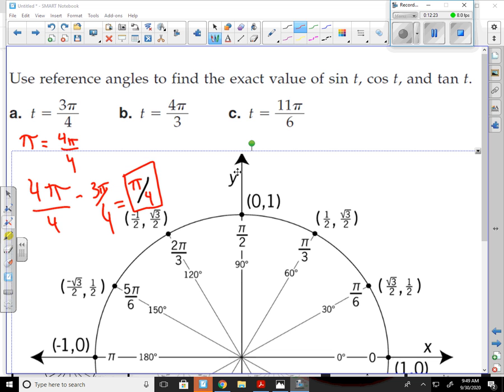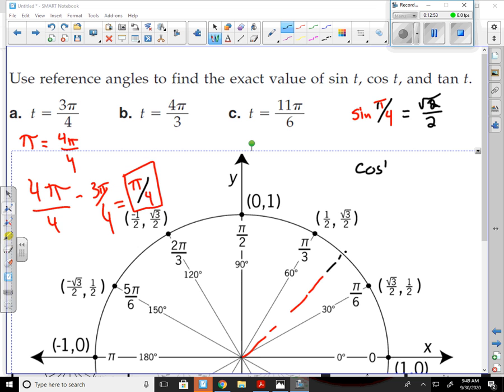Now I have to take the sine, cosine, and tangent of that reference angle. Sine of pi over 4, of course it's the one that wasn't on here, is root 2 over 2. Because it's in the second quadrant, that stays positive. So root 2 over 2.